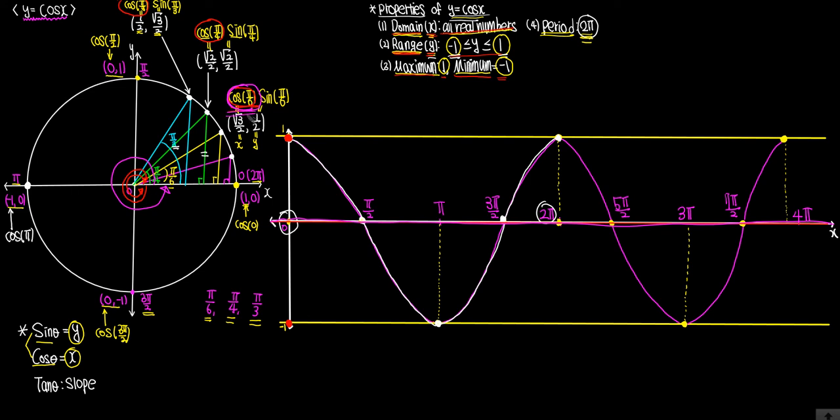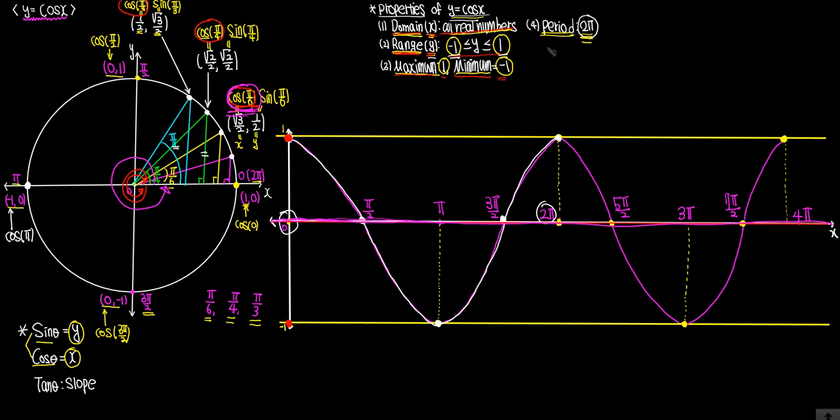That means the x value inside the unit circle and the x value in the graph of y equals cosine x, or the graph of any trigonometric function, are completely different. The x value inside the unit circle is the cosine value, and the x value in the graph is the angular rotation on the unit circle. So we should not be confused by those ideas.